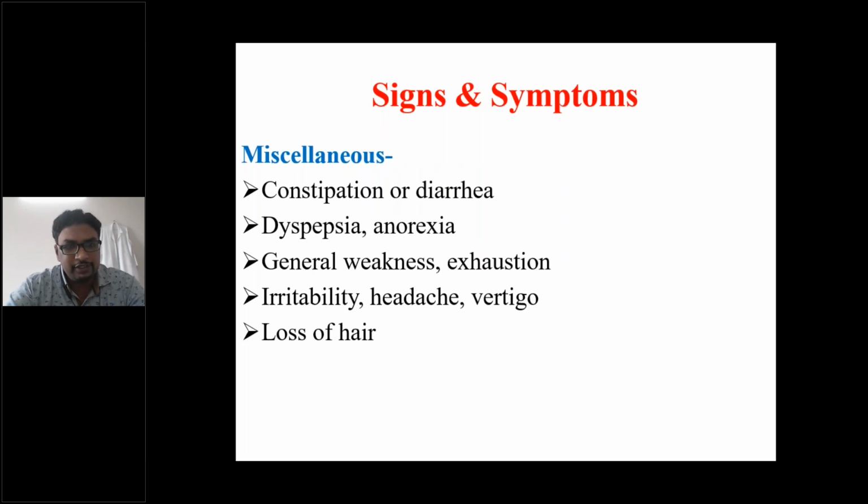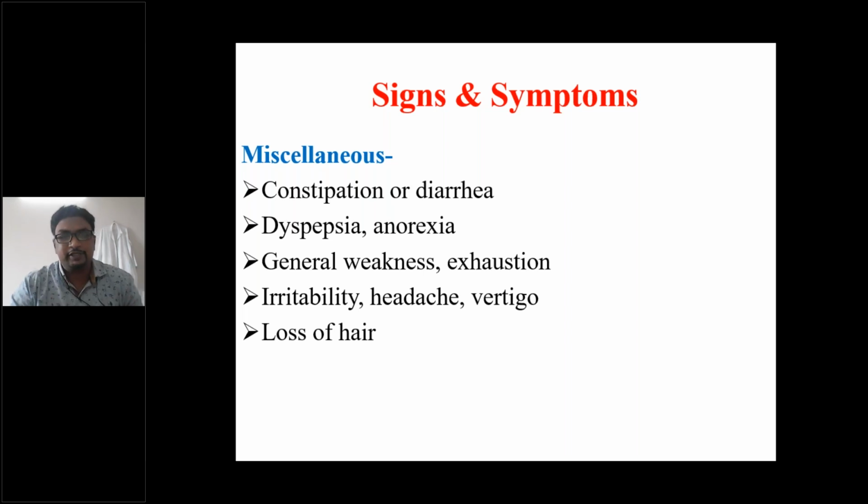And then what are the miscellaneous symptoms? The patient can have episodes of constipation and diarrhea, dyspepsia, anorexia, loss of hunger. There can be generalized weakness. There is exhaustion, malaise, then irritability, headache, vertigo, and then loss of hair. Loss of hair is also alopecia.